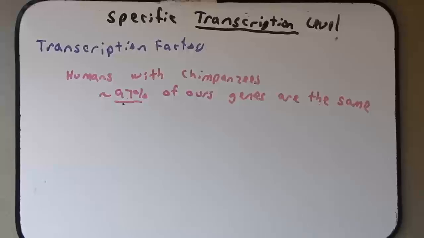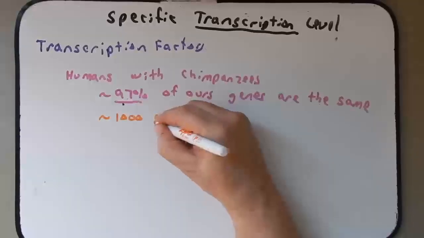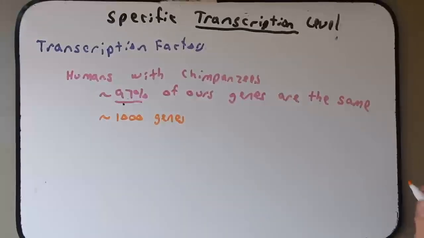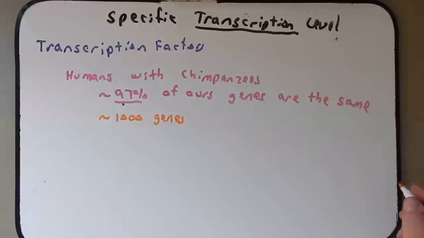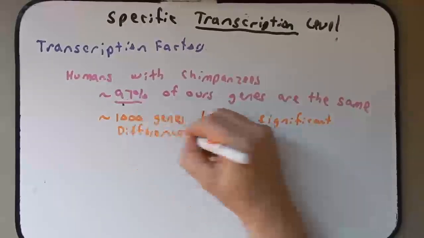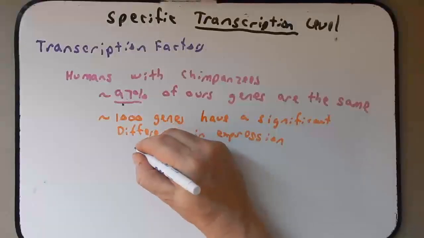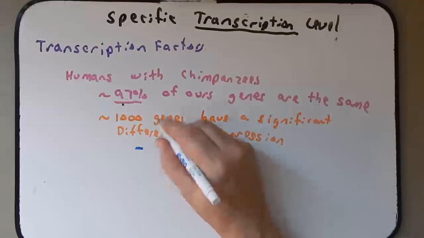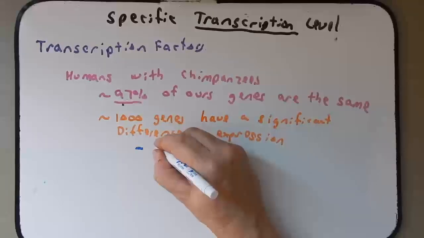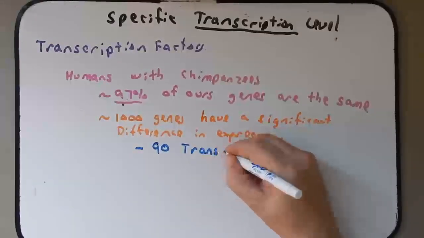They've done a study where they compared which genes are being turned on and off when we compare different tissues between humans and chimpanzees. Without going into great details of this study, what they were able to find is that there's approximately 1,000 genes of about 25,000 genes total that have a significant difference in expression. These 1,000 genes, they went back and were able to determine that their differences of expression are controlled by 90 different transcription factors.